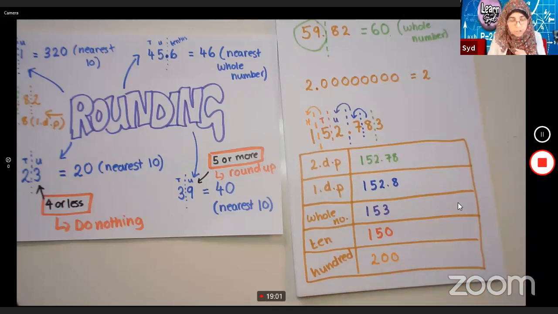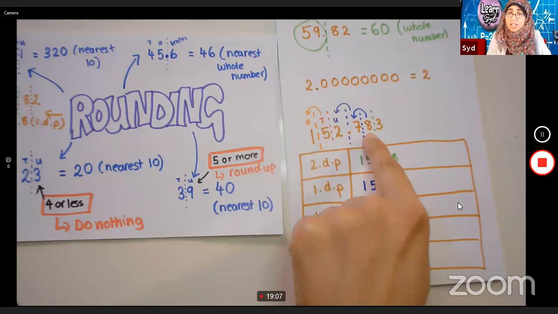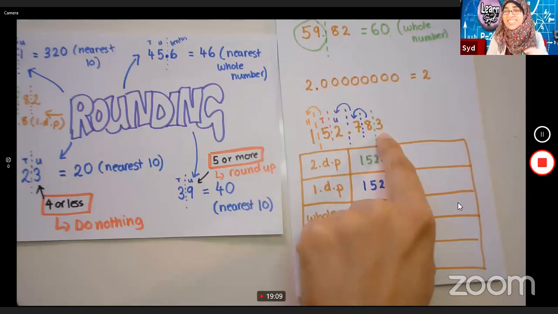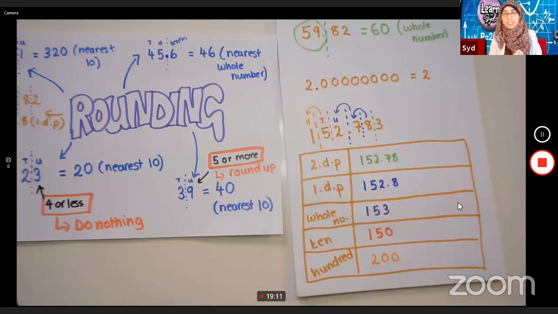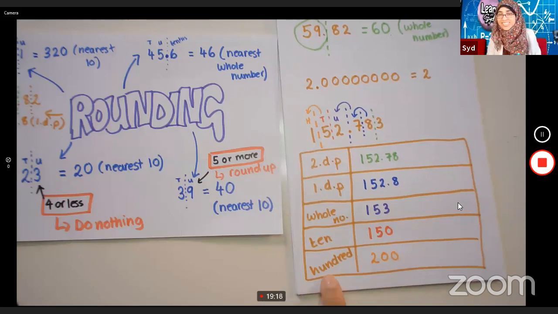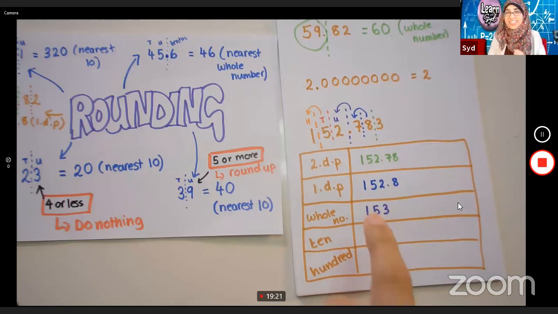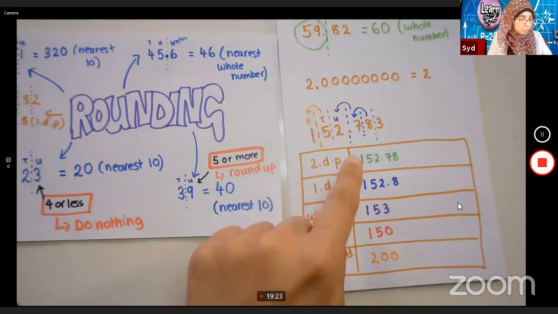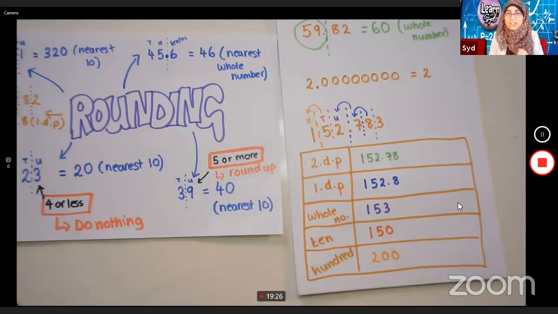So if someone owed you £152.78 and a little bit more, which one would you tell them to round it to? You'd tell them to round it to the nearest 100 because you're going to get a lot more than what they owe you. Okay, so it's very important that you pick the right rounding for the right situation.